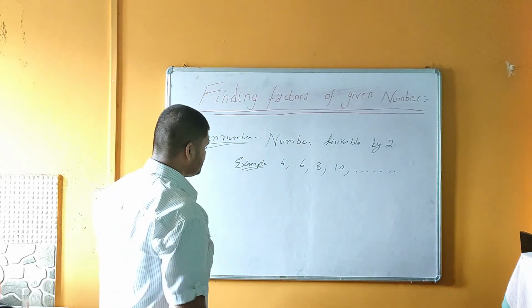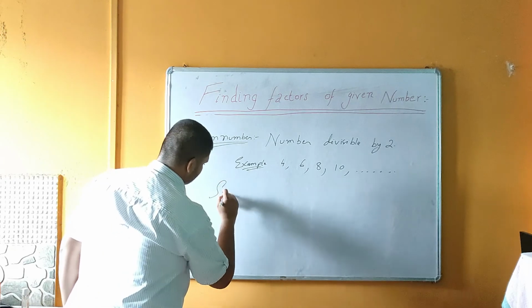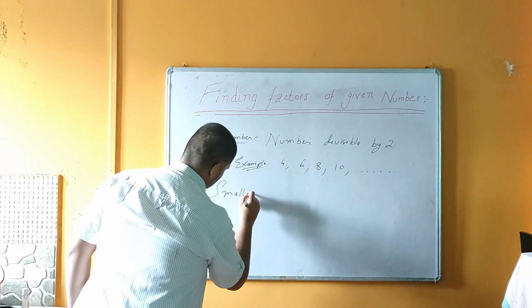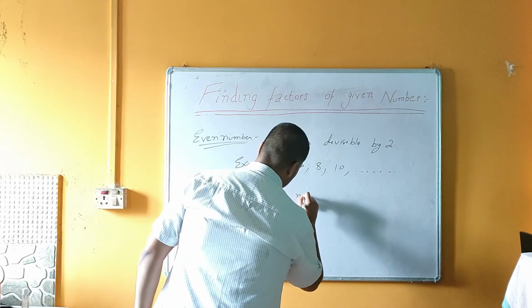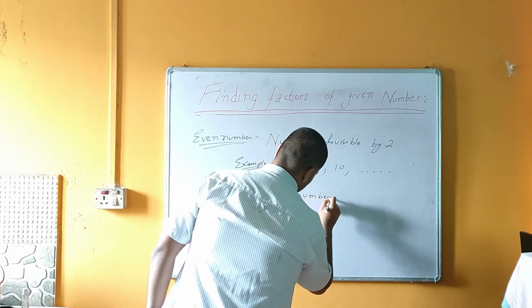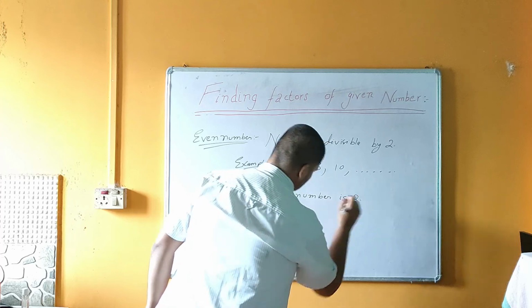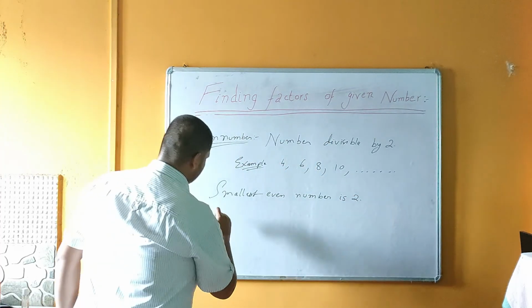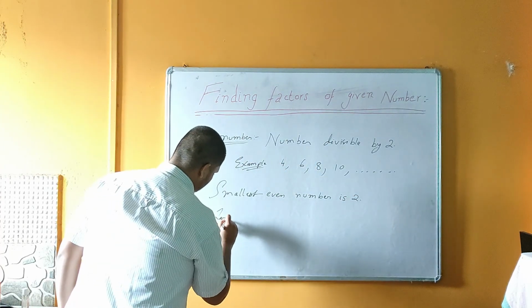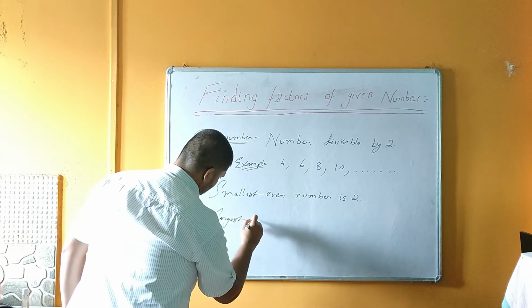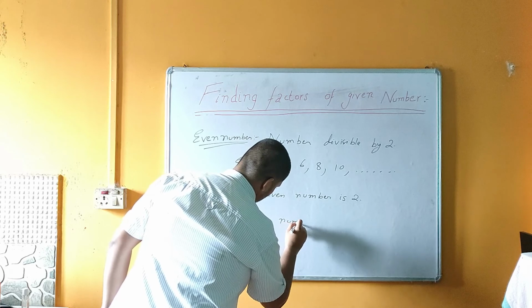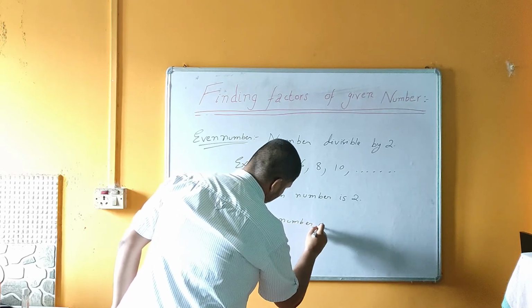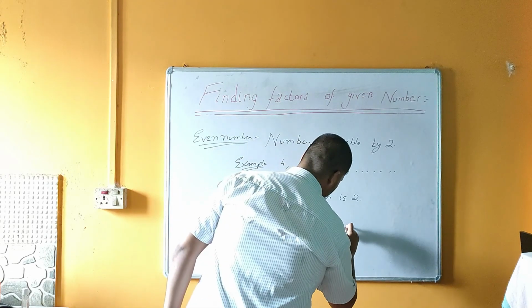So the smallest even number is 2, and the largest even number is undefined.